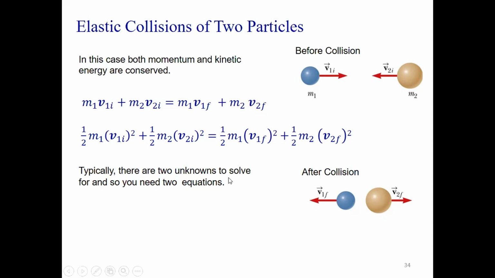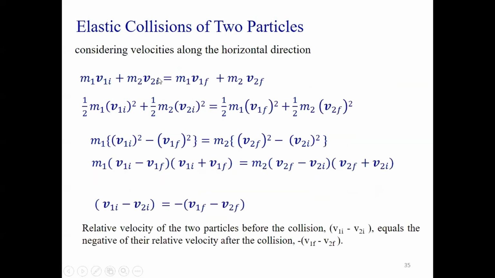And typically, two unknowns are employed to solve such equations. So we need two equations. What actually is demanded is to find out the final velocities after the collision. If the initial velocities and masses are known, then the final velocities must be sought. So if we consider the velocities along the horizontal direction and simplify the equations, the first equation is the momentum equation, the conservation of momentum.